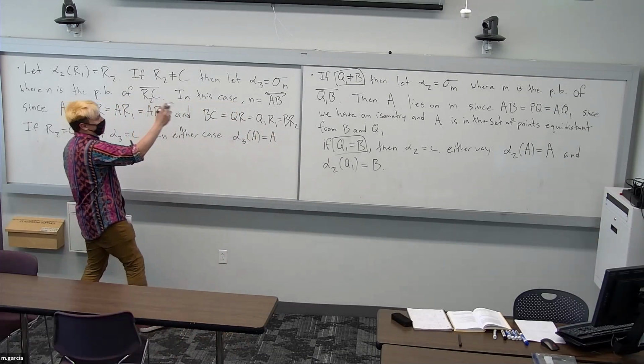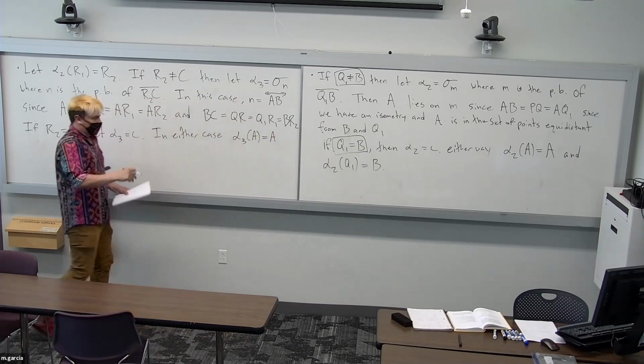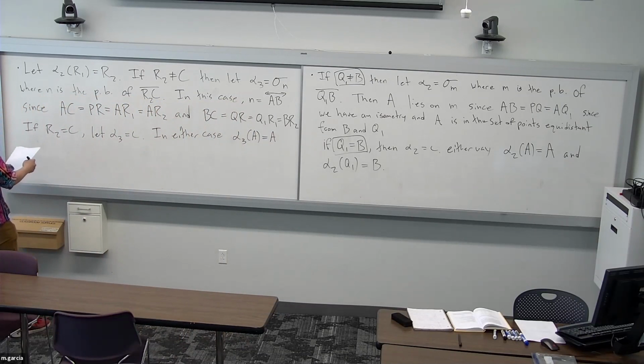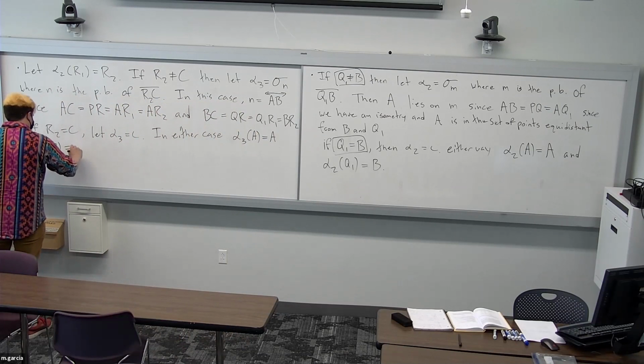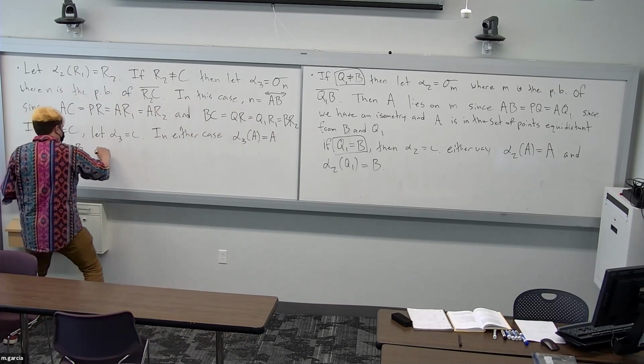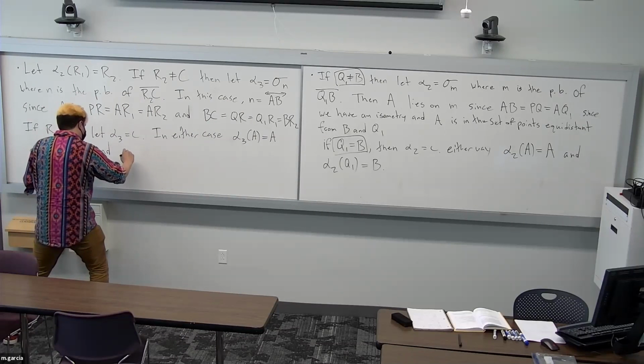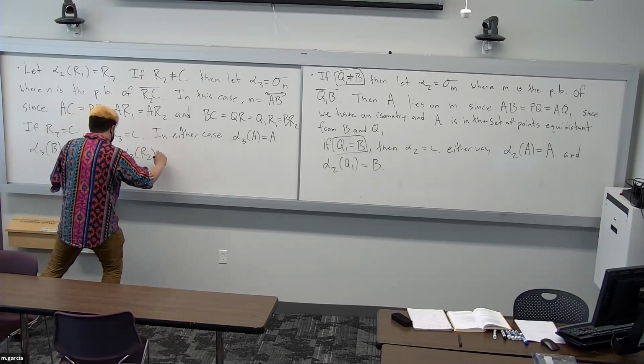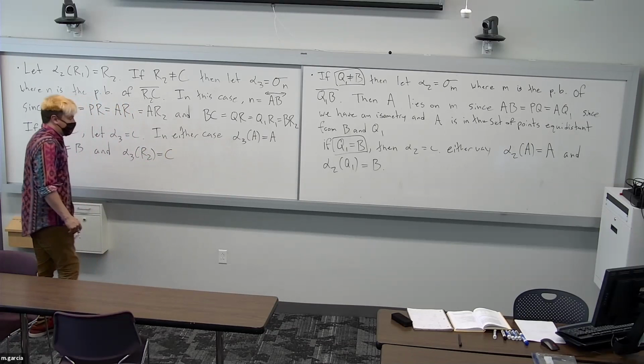Because A lies on this line N, or alpha 3 is the identity. Alpha 3 of B equals B, and alpha 3 of R2 equals C.